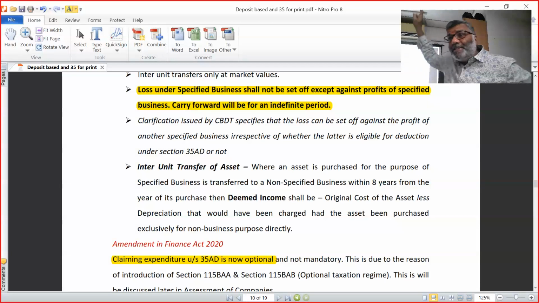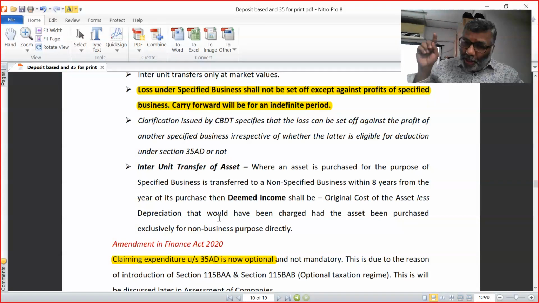Had you purchased the asset directly for the non-specified business, you would have claimed depreciation. So, original cost of the asset less depreciation that would have been charged had the asset been used for non-specified business. I want to treat it as income.